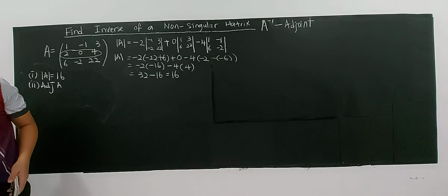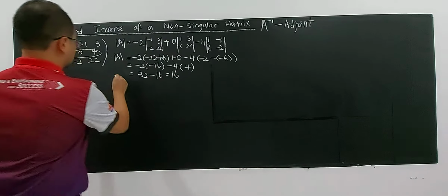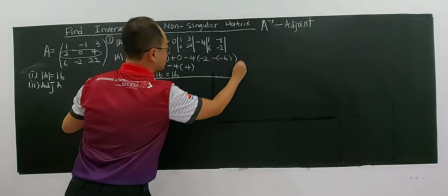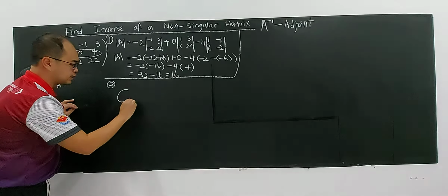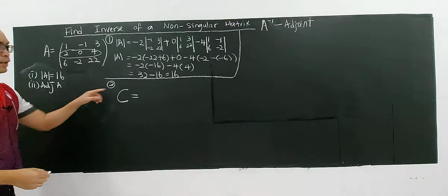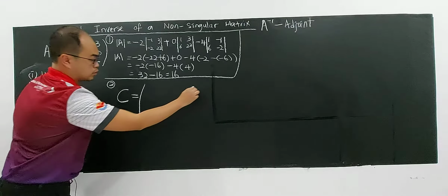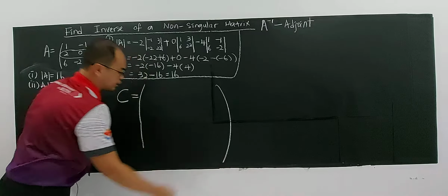Your step 2, you want to find the adjoint matrix. For the adjoint matrix, you have to find the cofactor matrix first. So you have to draw a bigger square matrix, right?